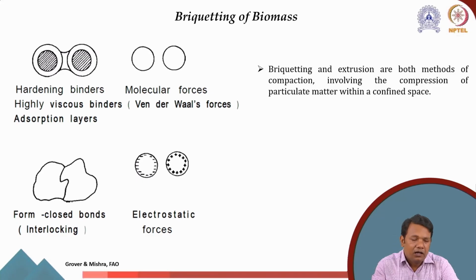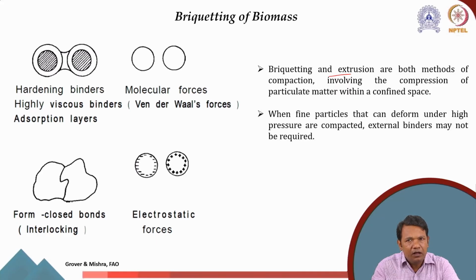Briquetting and extrusion are both methods of compaction, which involve the compression of particulate matter within a confined space. When fine particles, the powder biomass, that can deform under high pressure are compacted, external binders may not be required.